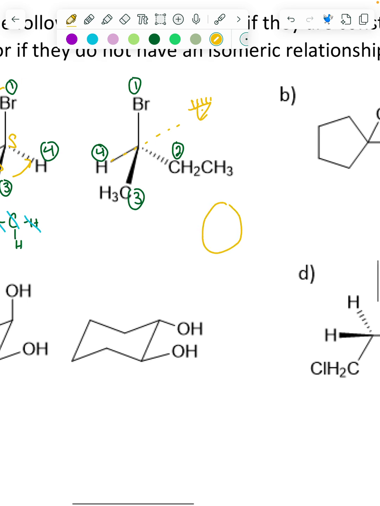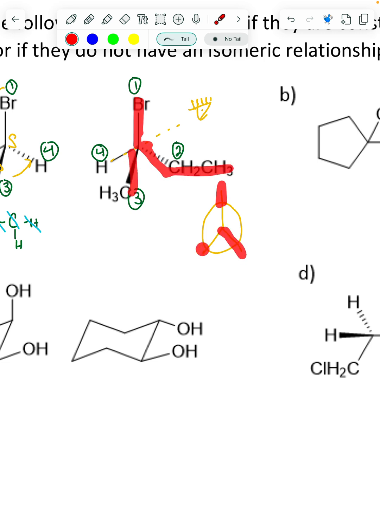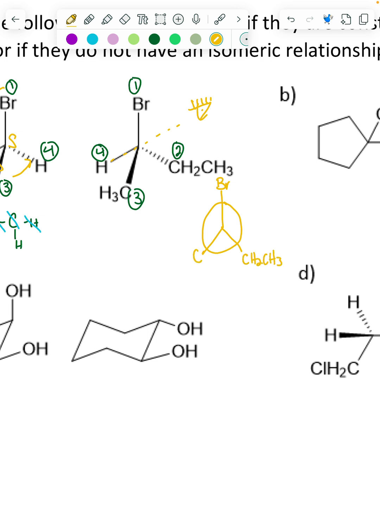So to do that Newman projection, we know that Br is above, ethyl is to the right, and the methyl is to the left. So I'm just going to put those in real quick. And the priority groups stay the same, so bromine's first priority, ethyl is second, and methyl is the third.